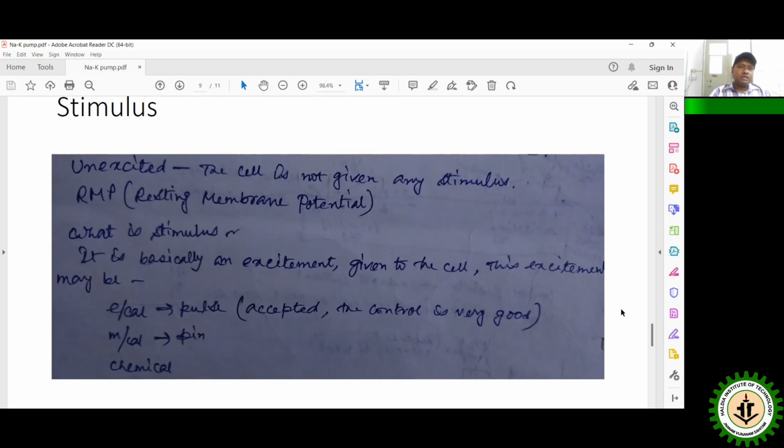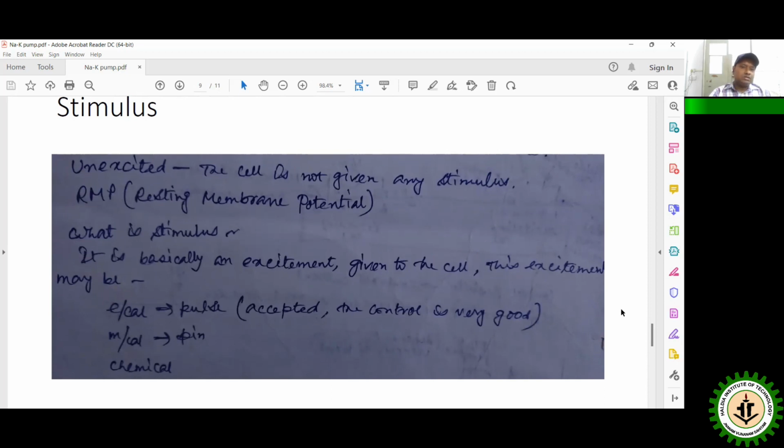The excitement may be electrical pulses applied to the cell, mechanical pulses such as a pin, or a chemical stimulus provided as an injection, such that the natural 90 millivolt and the natural sodium potassium pump will not be maintained.